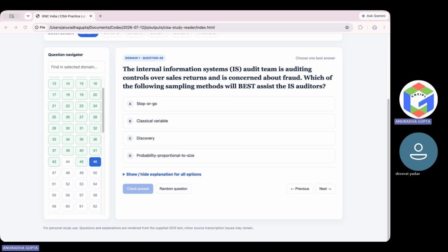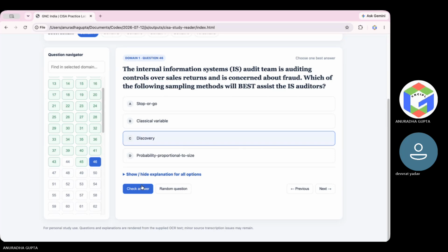Which of the following sampling methods will best assist the IS auditor? Stop or go, classification variable, discovery, probability proportional to size. Okay, you have opted for C. Okay, let's check.